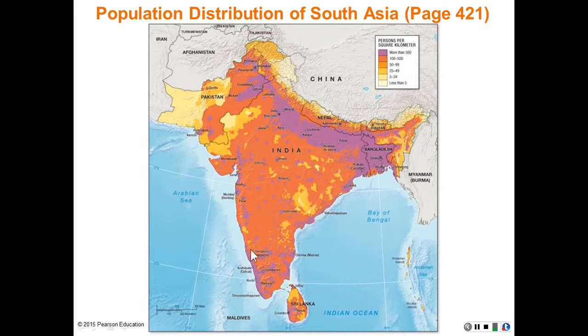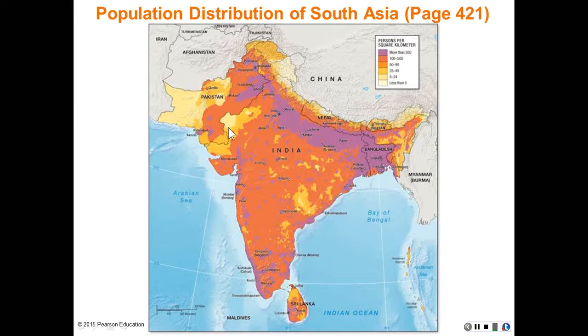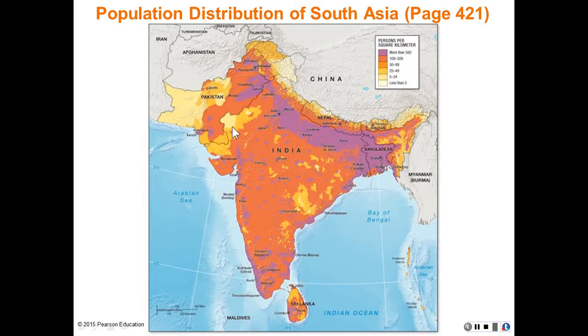The Deccan Plateau region has lower population levels, but still very dense population throughout the entire rural agricultural region, as well as the urban areas within the plateau. We see the desert regions on either side of the Indus River, where irrigation isn't really possible. In western Pakistan and also northwestern India, we see desert regions and much lower population density than we see throughout the rest of the region.